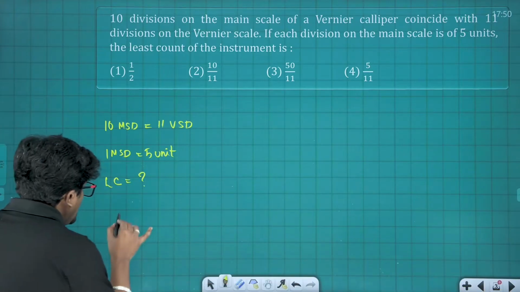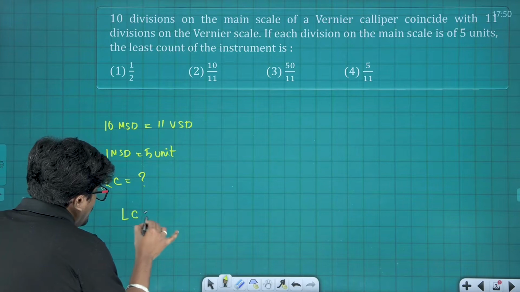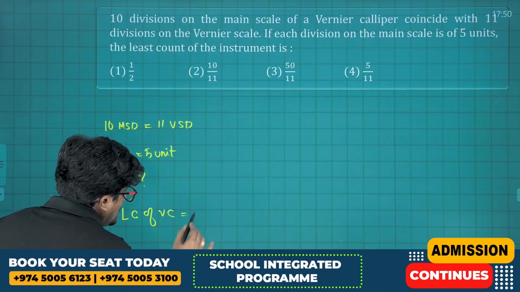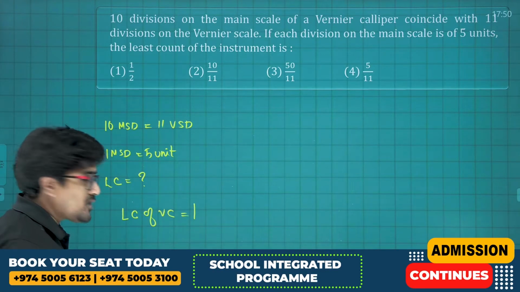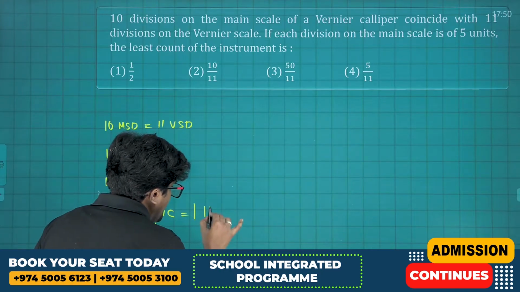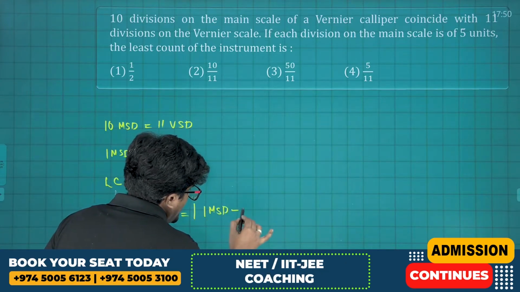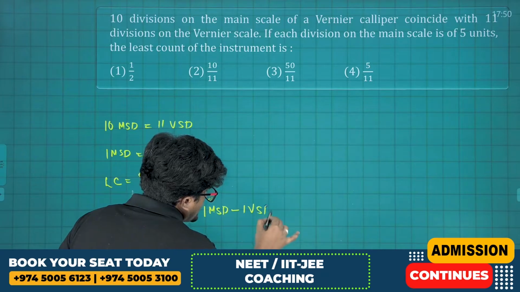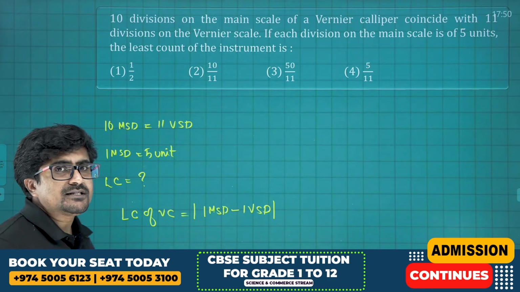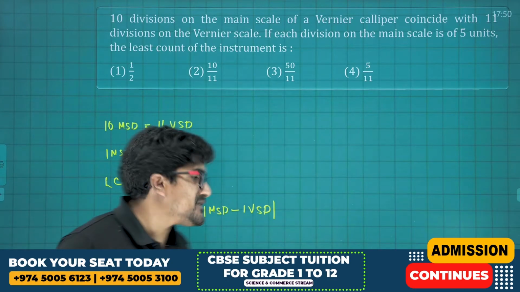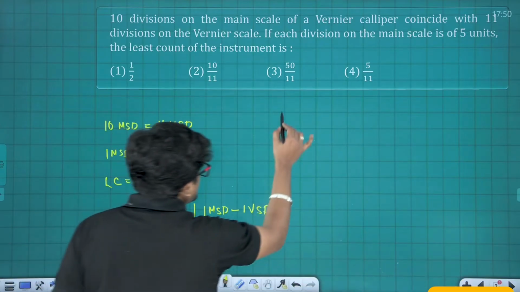You must understand, least count of vernier caliper is the modulus of 1 MSD minus 1 VSD. 1 MSD means 1 main scale division and 1 VSD means 1 vernier scale division.